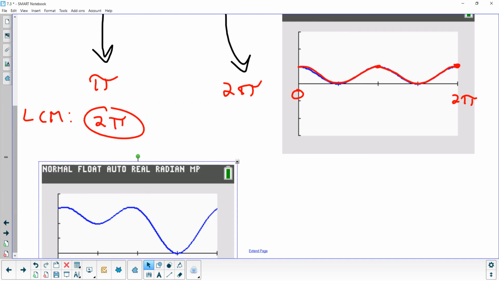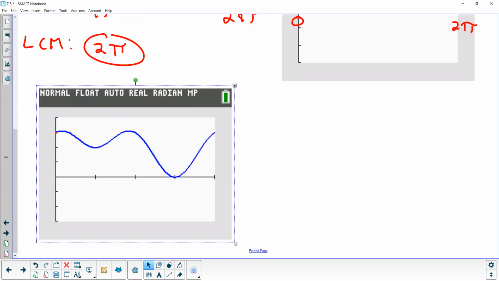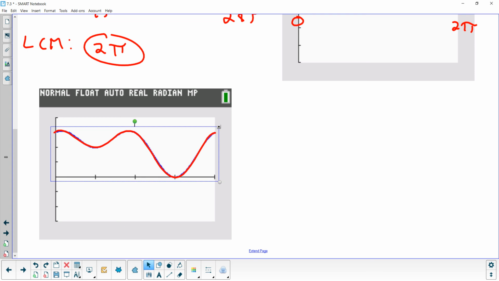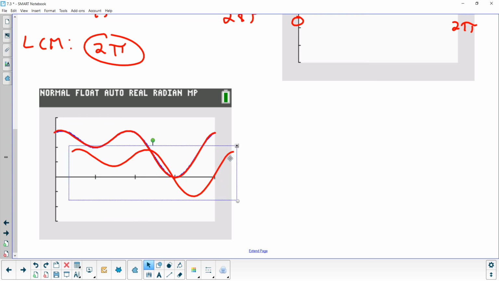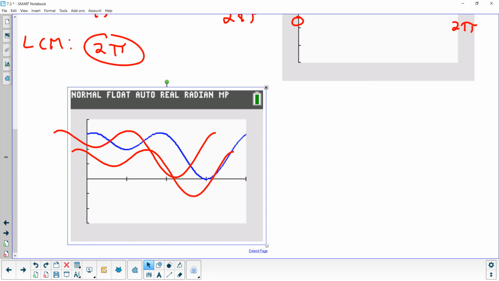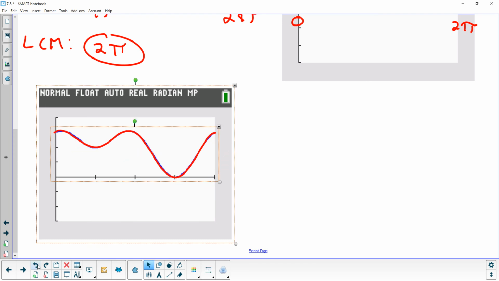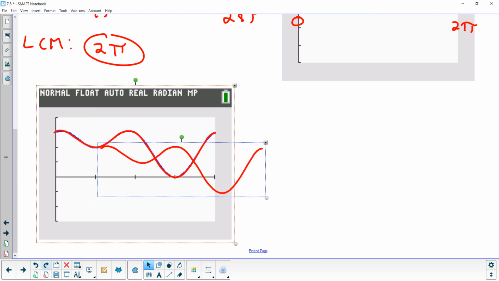So if you took this and you wanted to know what it's going to look like, if you were to zoom out and look at, say, 0 to 4 pi, it would look just like this.